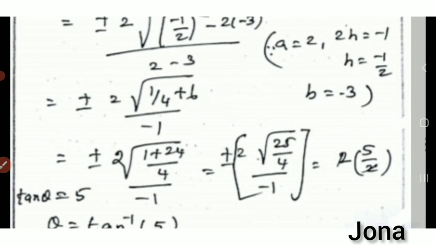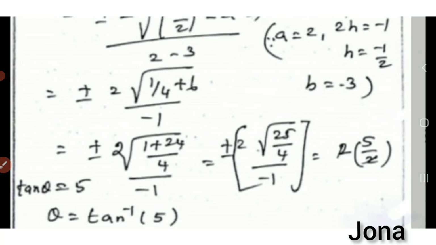We can take this minus 1 to the numerator there, and then at the numerator we have root of 25 by 4. That means 5 by 2. Already we have one minus outside there. That modulus value means if it is minus we can take this as plus. So we have simply 5. Tan theta equal to 5 and theta equal to tan inverse of 5.